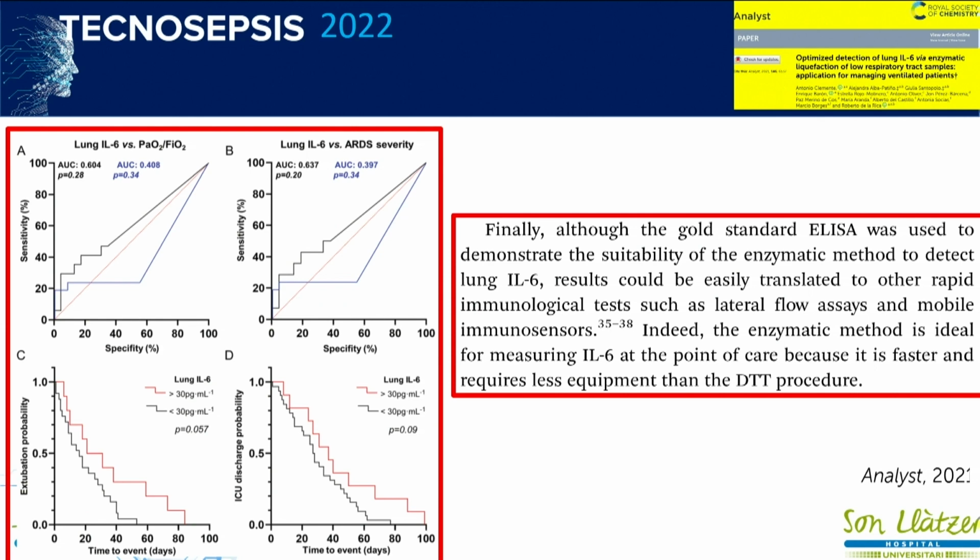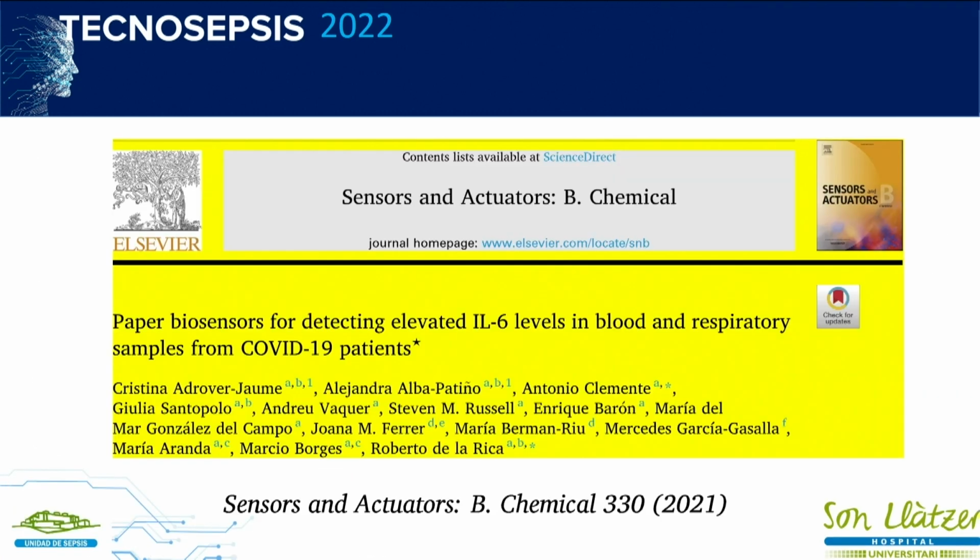And this is very important because it has a close relationship with oxygen, PO2, and the severity; higher levels of interleukin-6 are associated with better or worse results. So this is very interesting in COVID-19 patients.